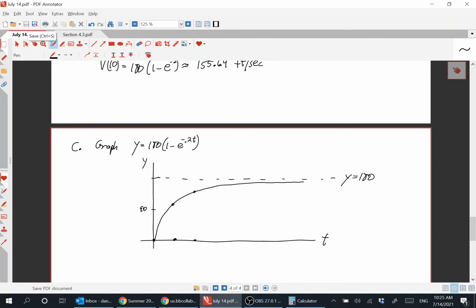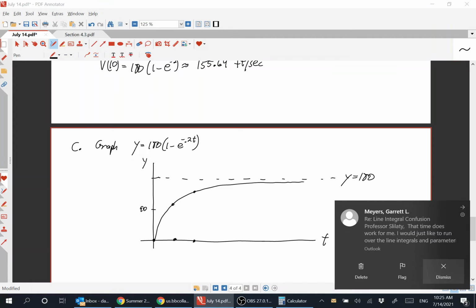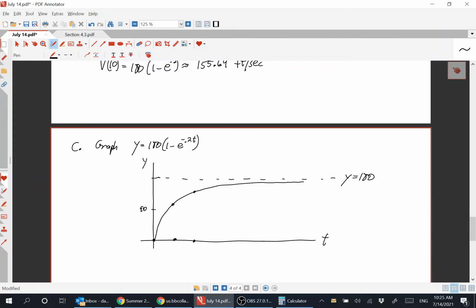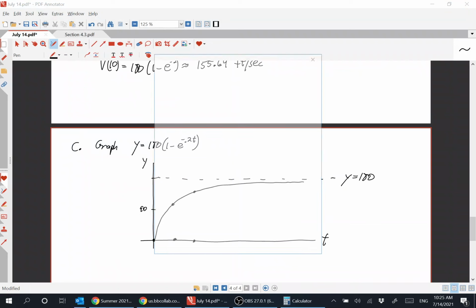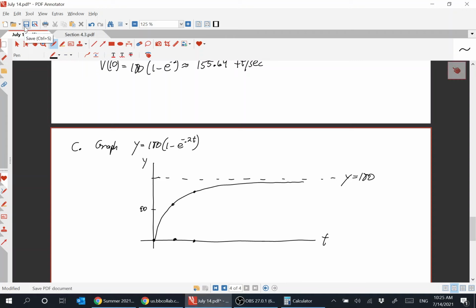Of course, in a real situation, the velocity will actually reach some constant speed. Here it says it's increasing and increasing, but at some point there's essentially no difference between 180 and what your velocity is, or the difference is effectively 0 because it's just so tiny.